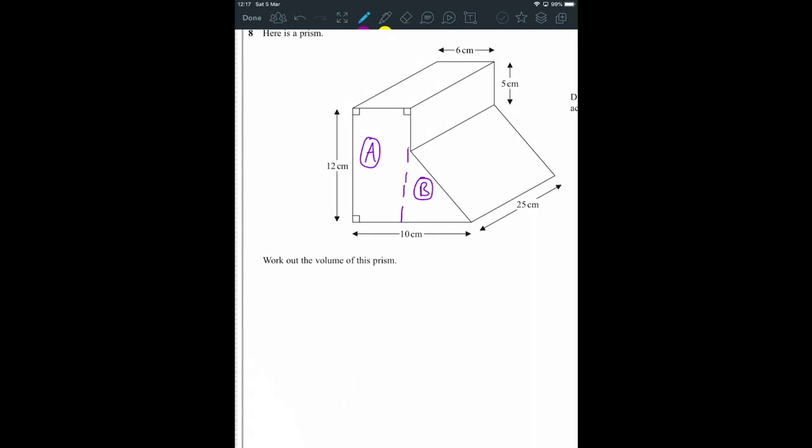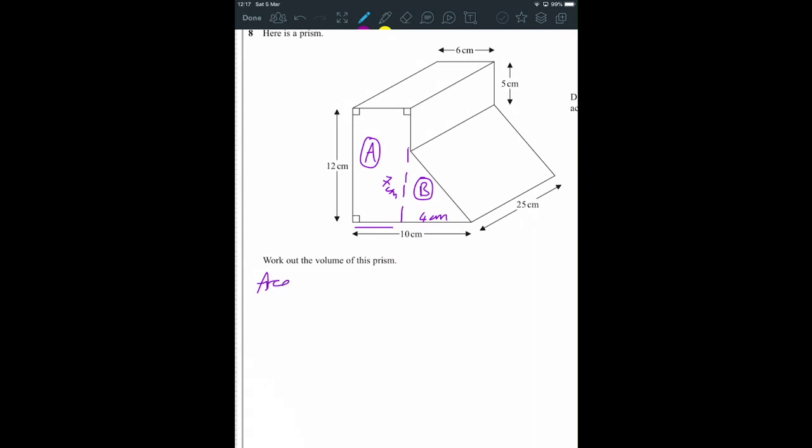Notice the height of the whole shape is 12, and this section here is 5. So the height of my triangle is the leftover. So the height here is 7. Notice also that this length here is the same as the 6 at the back. The whole thing is 10, so that side there is 4.